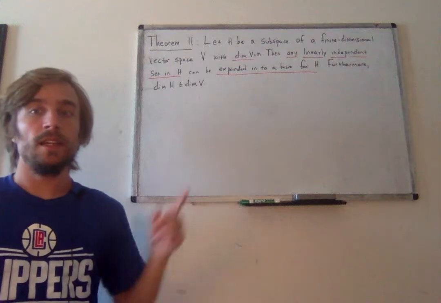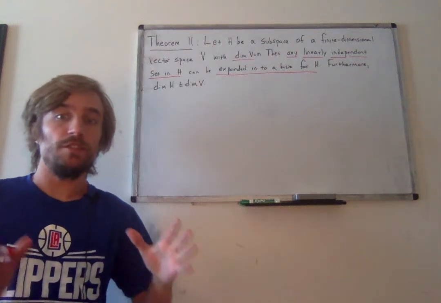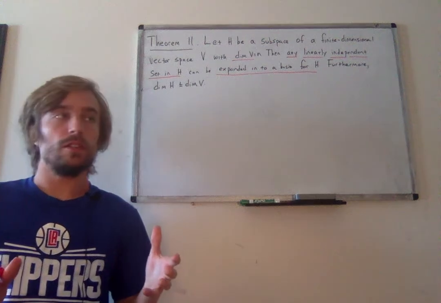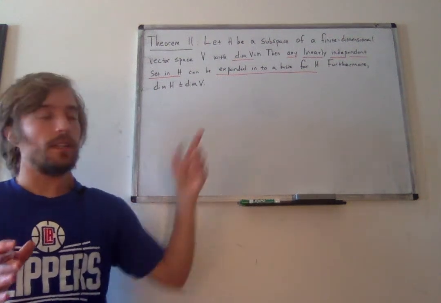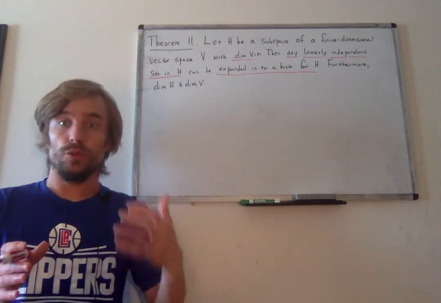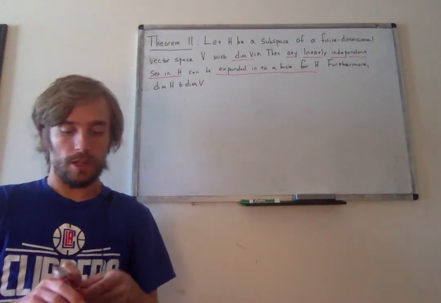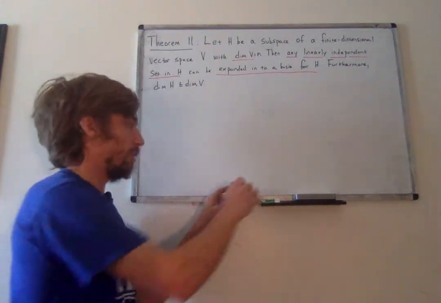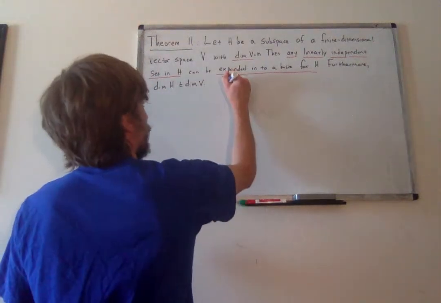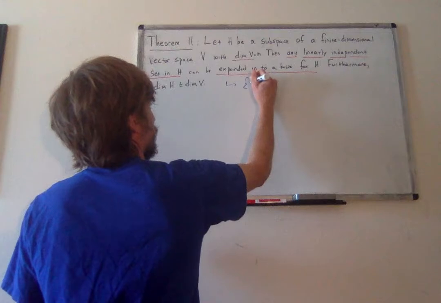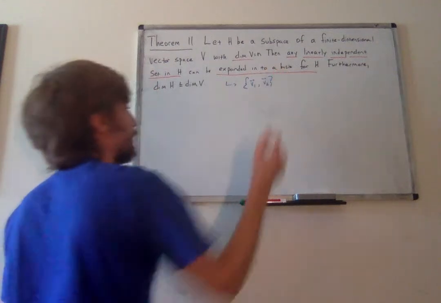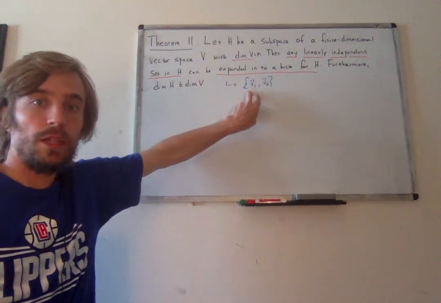What this is saying is that if you give me any set of vectors in this subspace, and this set of vectors is linearly independent, then I can add on to this current set. As a brief illustration, let's say I had the set v1, v2 in H, and this was linearly independent.